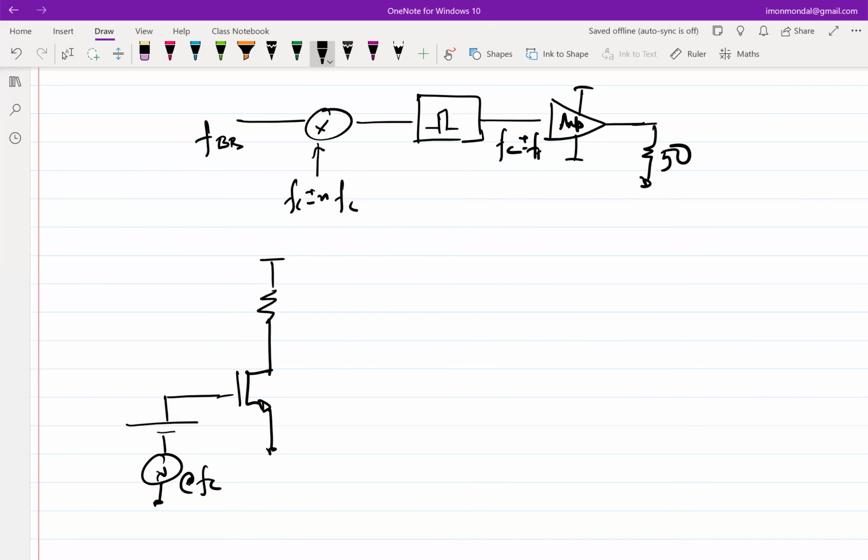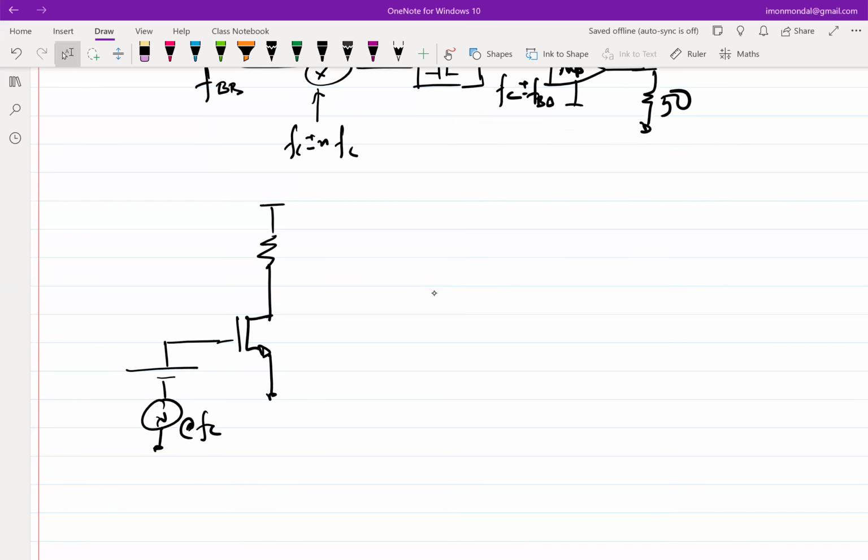But if FC is 1 gig or a couple of gigs and FBB is 10 kilohertz, then for all practical purposes, we have a good old common source amplifier. You have VDD, and obviously you have to AC couple this, otherwise nothing will get biased. This is 50 ohm.